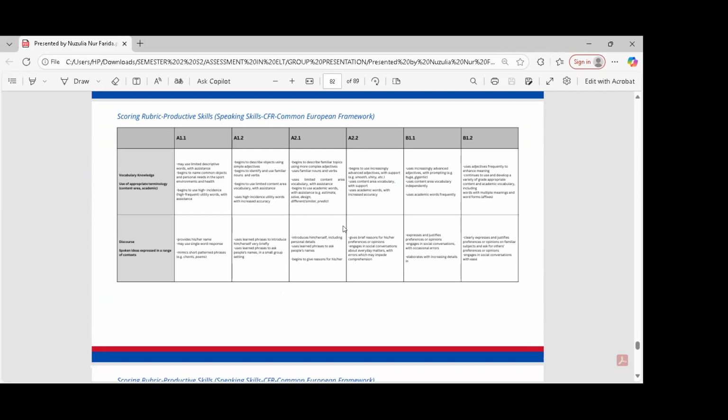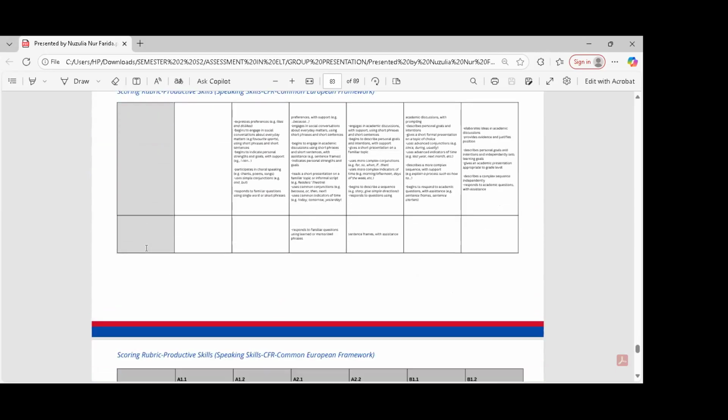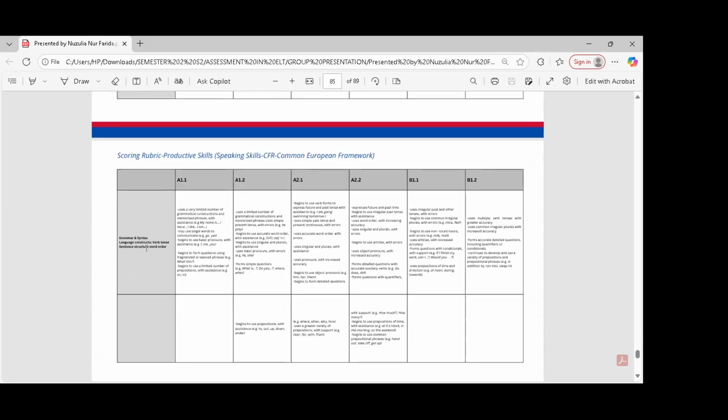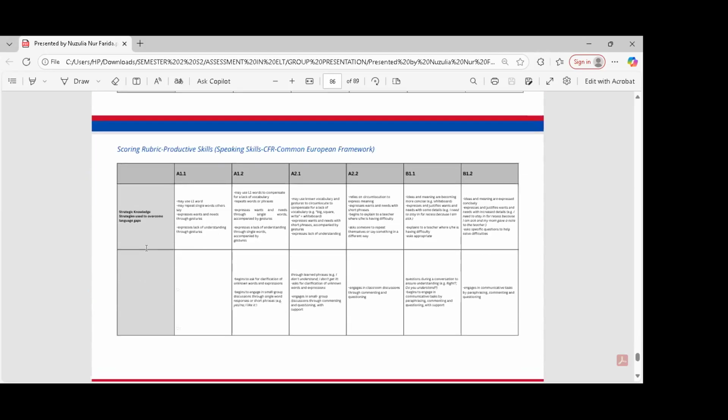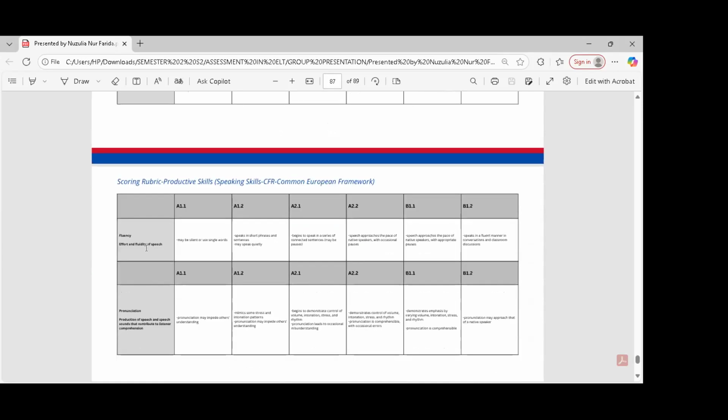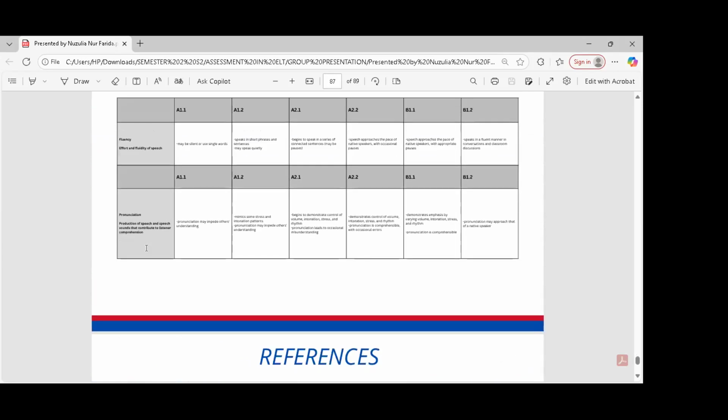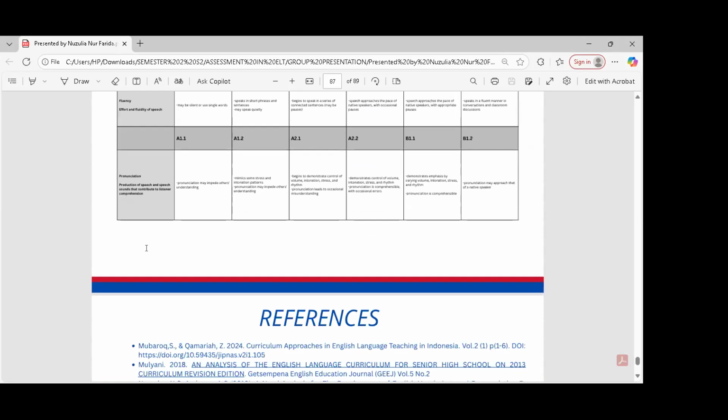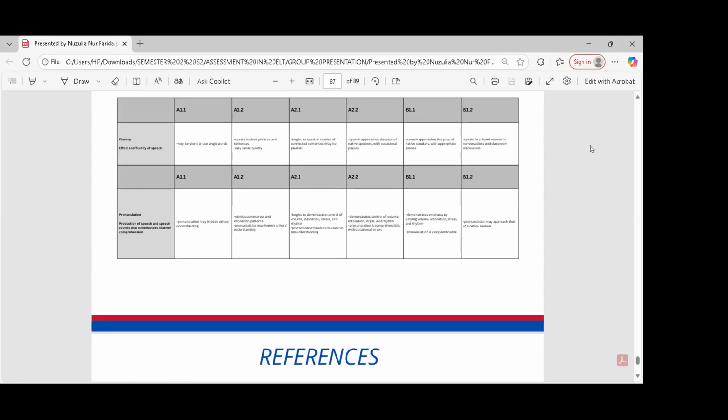Here is the vocab aspect, the discourse, and then the grammar, strategic knowledge, the fluency, as well as the pronunciation. Yeah, so this is the last and the end of the discussion. Thank you for listening and participating in our discussion.